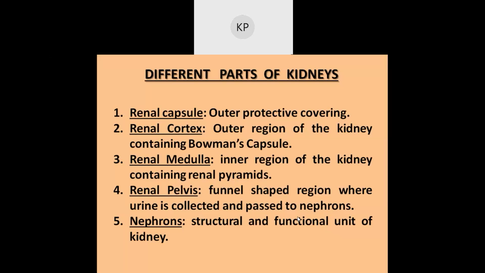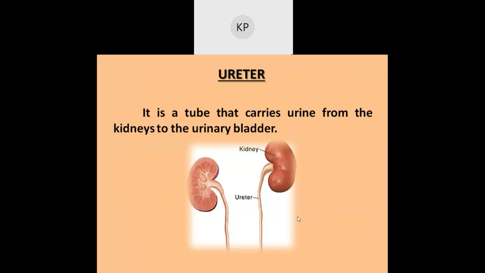This is a funnel-shaped region where urine is collected and passed on. And the nephrons, it is the structural and functional unit of kidney. Each kidney is made up of 1 million nephrons. It helps to filter out excess water, urea, uric acid, creatinine, excess amount of sodium chloride, potassium, and some calcium from the blood. Filtered blood is carried away from the kidneys by renal vein.